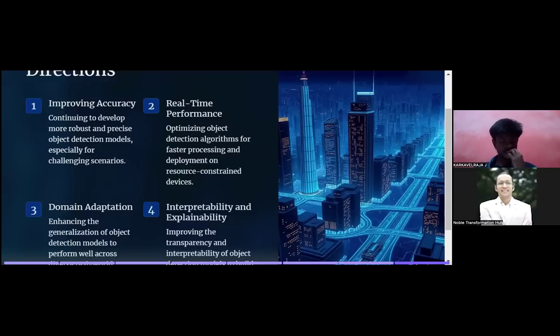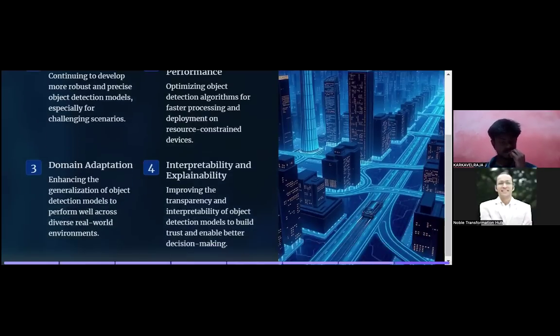Domain adaptation enhances the generalization of object detection so the model performs well across diverse real world environments. Same here, we want it for computer vision, machine learning, deep learning and everything else. The concept is the same, the variability will be a little different. Interpretability and explainability again apply to all the models we have learned till now.